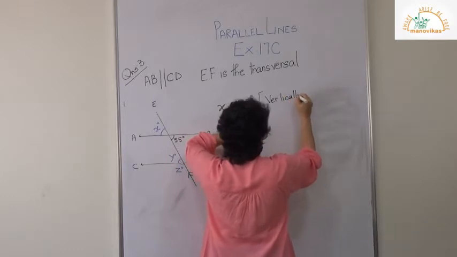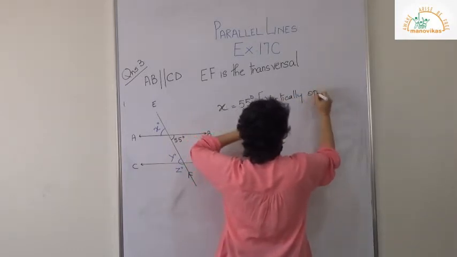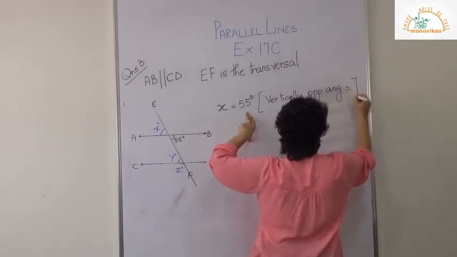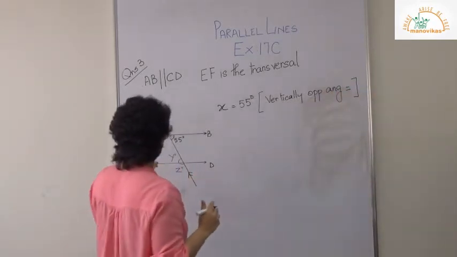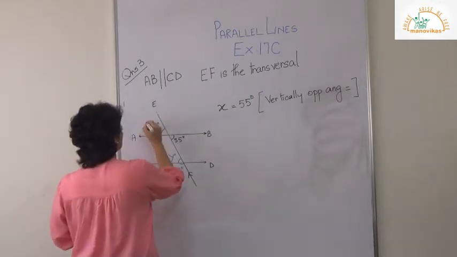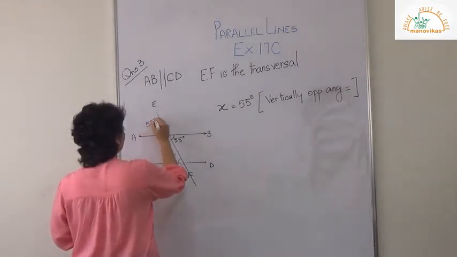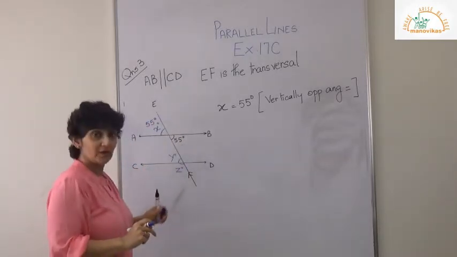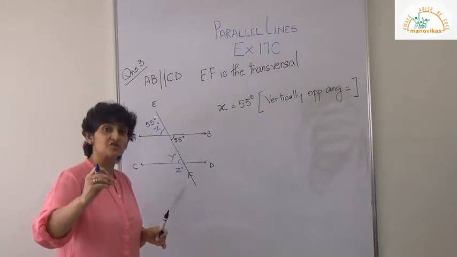Vertically opposite angles are equal. Alright, next comes, let me write it here. X is equal to 55 degrees.